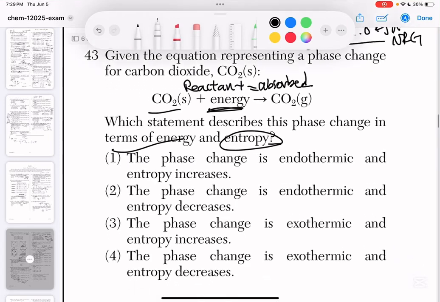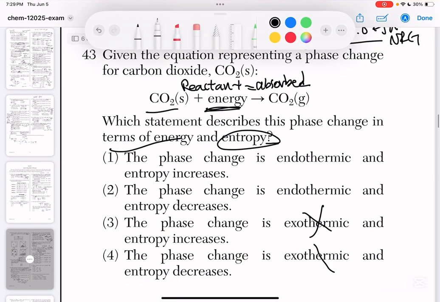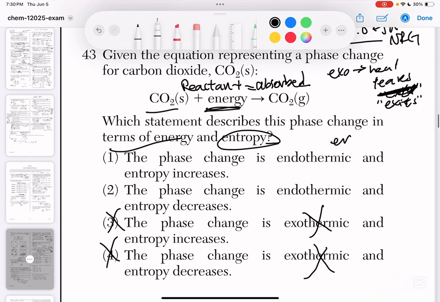So this would be what we call an endothermic reaction, because exo means heat leaves or exits. I can't spell today. And endo is the opposite, absorbed. And then since we're going from solid to gas, we're increasing in entropy.